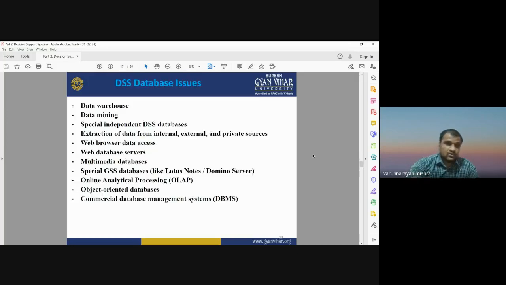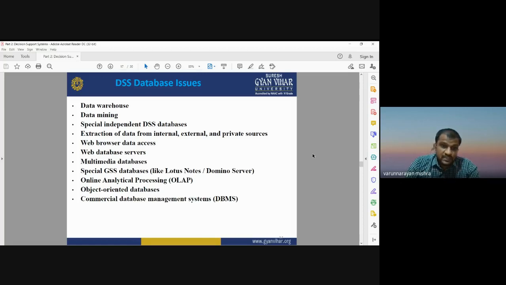Okay, so there are some issues related to the database that is used in DSS. First, we should have some data warehouse. Data warehouse is the collection of the data. We should have some storage device to store the data sets. Data mining, special independent decision support system databases, which have a facility for the extraction of data from internal, external, and private sources.